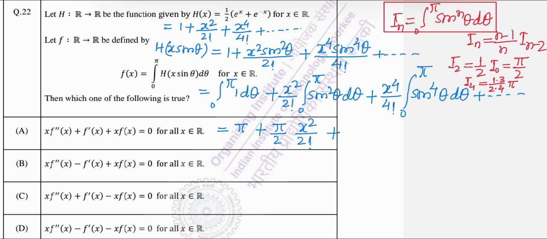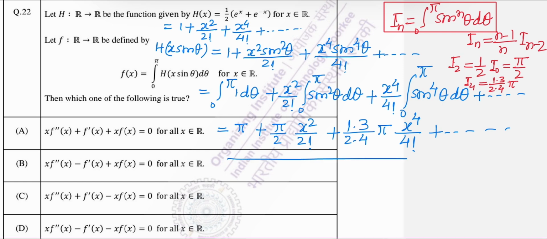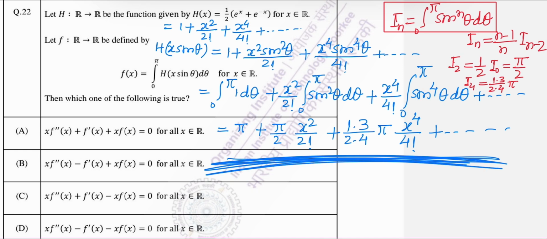And here the value of this integration I4 will be 1 into 3 by 2 into 4 times pi, and x to the power 4 by factorial 4 is already there, and plus so on. So this is our f of x. Remember that this is our f of x.